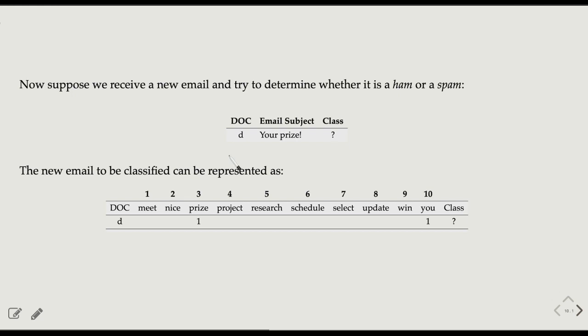First, we need to look at the representation of this new email. And so this new email, marked as D, has your price. According to our representation, it contains the term u, which is a normalized term for your, and then price as well. So we have these two terms having the value 1, and for the other terms, we skip the values here, but we should actually write them as 0.